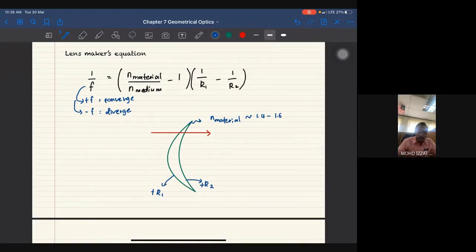Tapi ni contoh je. And the medium is actually the location of the lens itself. Most of the time, macam glasses kita, the lens is in air. So when it's in air, that means N medium is equal to 1.